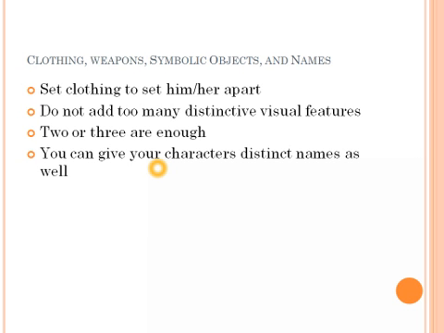Just 2 or 3 are enough. If you add more and more, it will look odd and people will not like that. That's the usual experience of the game industry. You may assign distinct good names to the characters, but they have to be harmonious and the player has to like them.